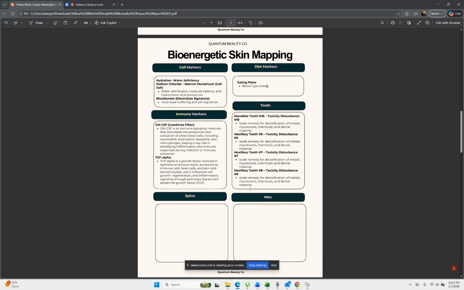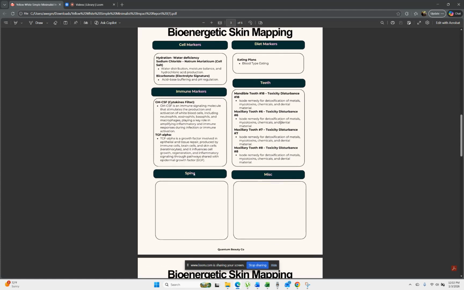And then there were a couple teeth which resonated, and I do need to go to the dentist. But sometimes, even though they say toxicity disturbance, it can also be related to the energy meridians of the body as well. I have been to the dentist in Bangkok probably like 5 months ago, so it's about time.